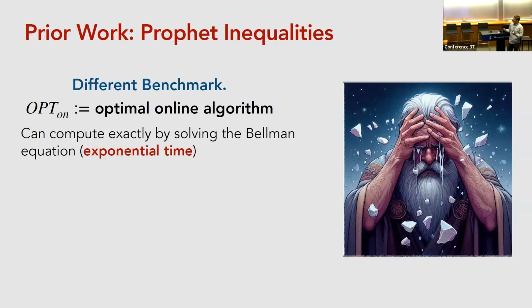It's formed by solving the Bellman equation using backwards induction to compute the exactly optimal online policy. We just heard about this in the previous talk, and the main difference is that if you try to think about this optimal online policy, it's going to require exponential time because the number of states is going to be exponential in the number of offline nodes.